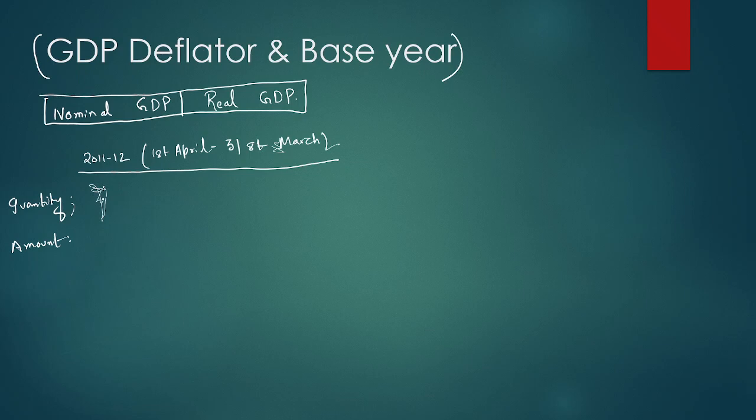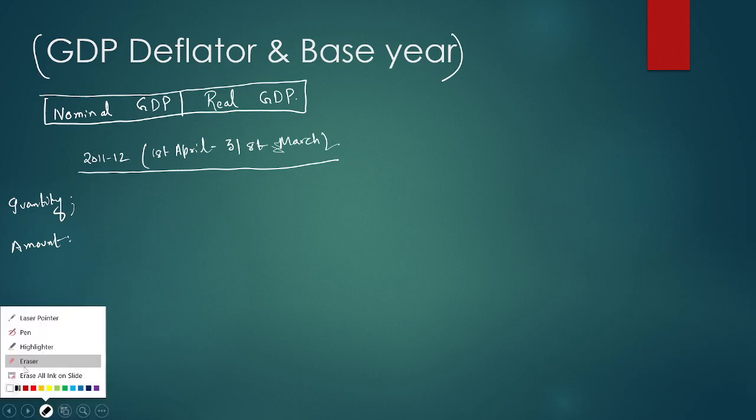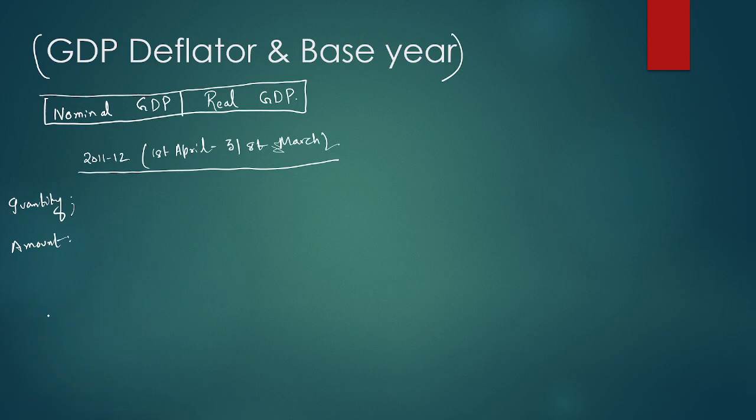Suppose one biscuit costs, sorry, let me erase. Yeah. So the quantity of biscuits is 5 and the amount of each is rupees 2. What is the GDP? Tell me. Rupees 10. 5 into 2.